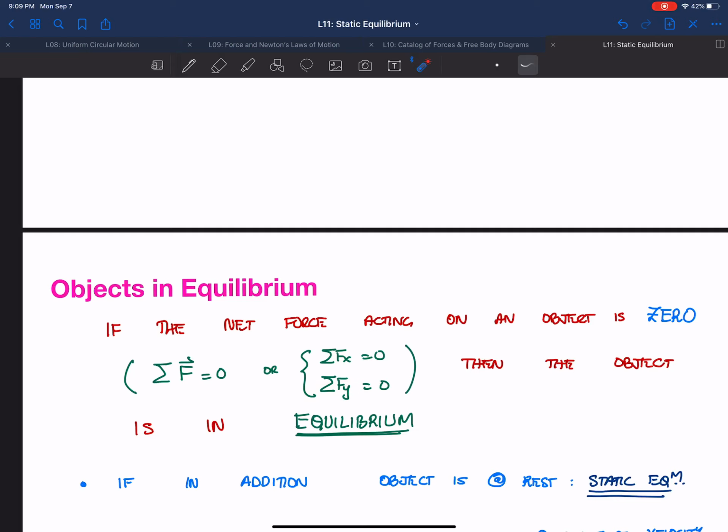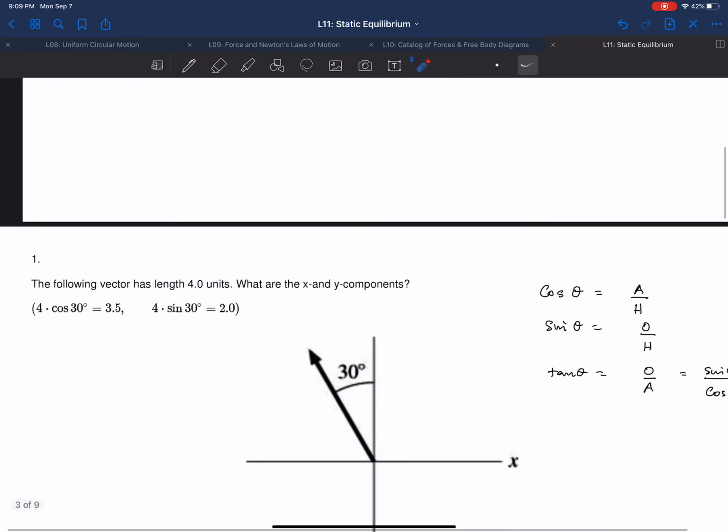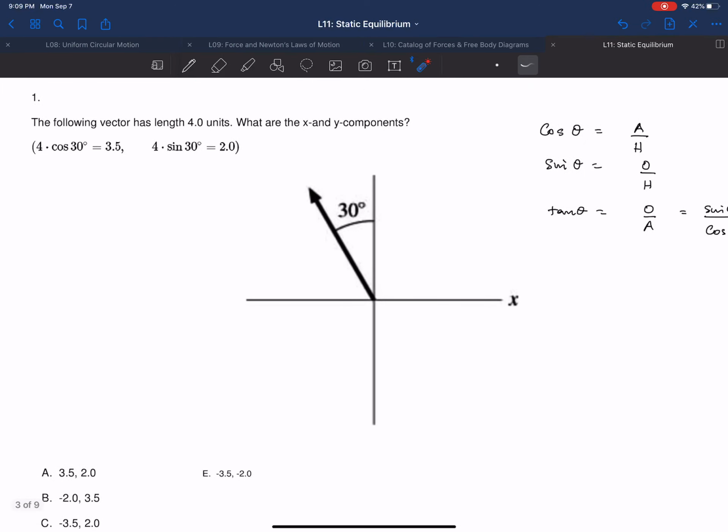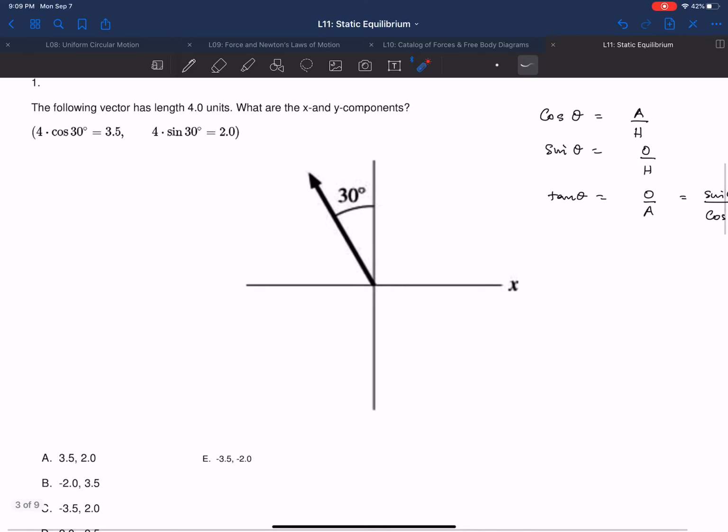So it's important to be comfortable resolving vectors into components. So here are some questions just to review vectors and their components before we get into the problems.